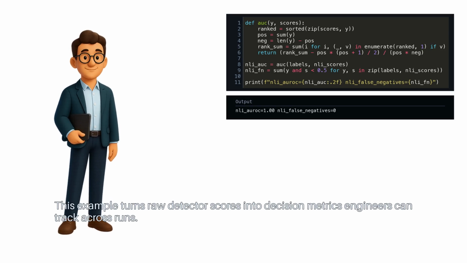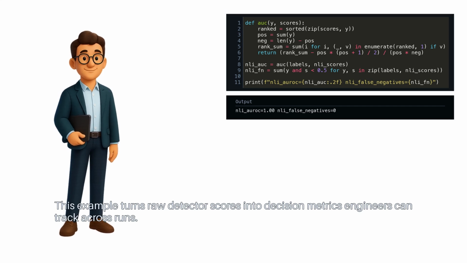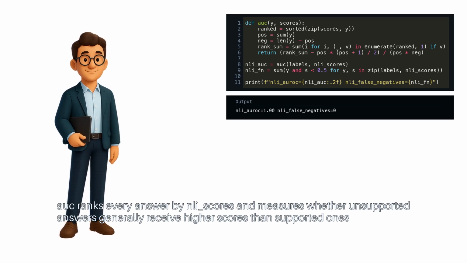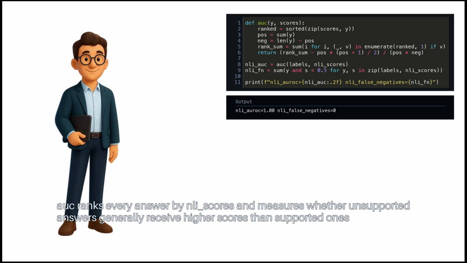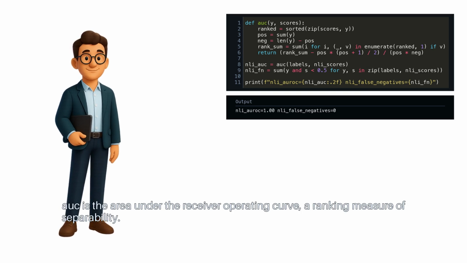This example turns raw detector scores into decision metrics engineers can track across runs. AUC ranks every answer by NLI score and measures whether unsupported answers generally receive higher scores than supported ones. AUC is the area under the receiver operating curve, a ranking measure of separability.